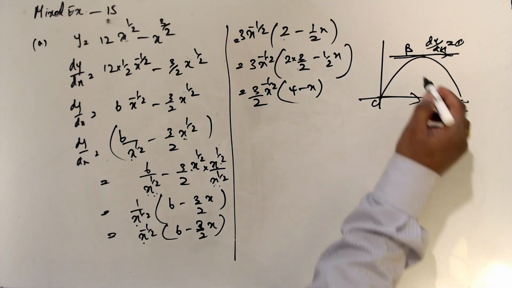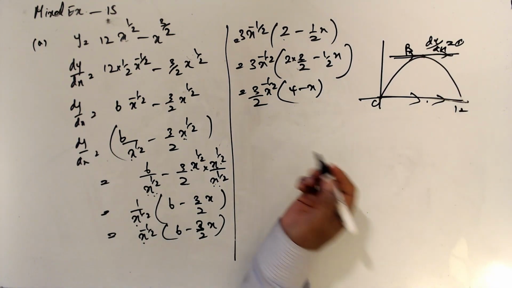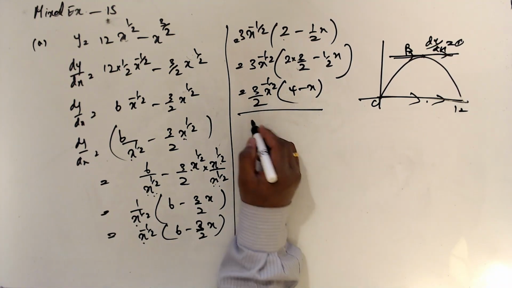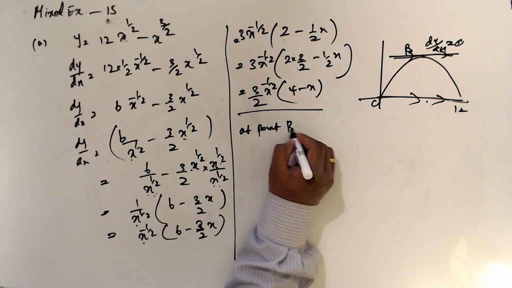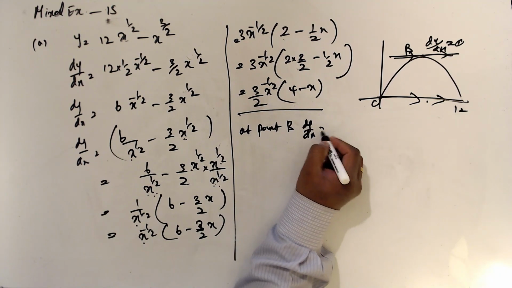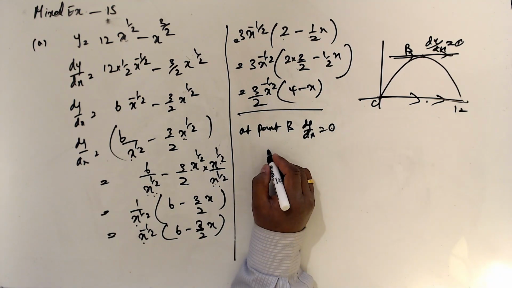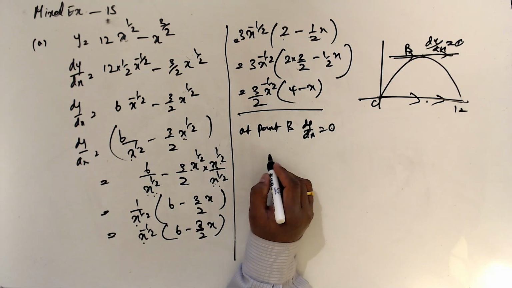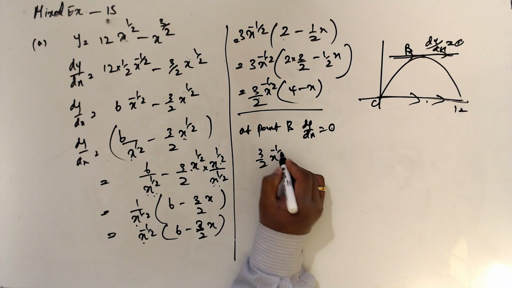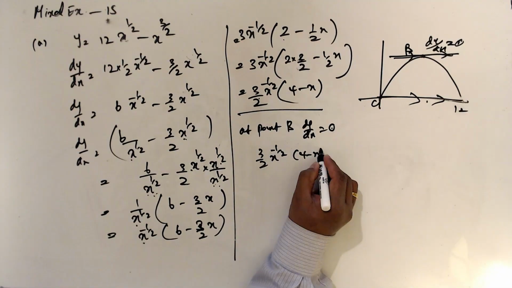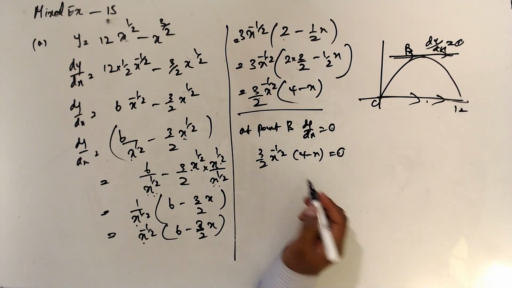That's the meaning of parallel to the x-axis. So at point B, dy over dx equals 0. Then what is dy over dx? 3 over 2 x to the minus half times (4 minus x) equals 0.